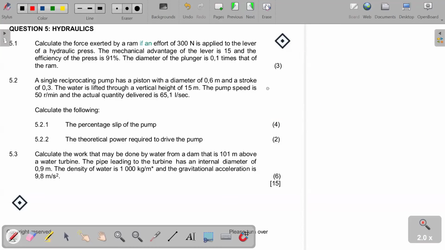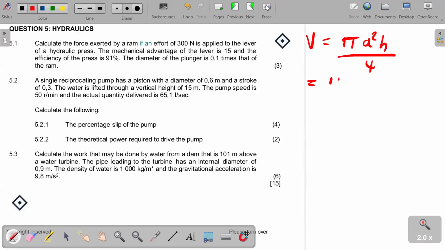Calculate the work that may be done by water from a dam that is 101 meters above a water turbine. The pipe leading to the turbine has an internal diameter of 0.9, and the density of water is 1000 kg per cubic meter, and the gravitational acceleration is 9.8. First things first, we'll calculate the volume from the formula pi d squared times h over 4.